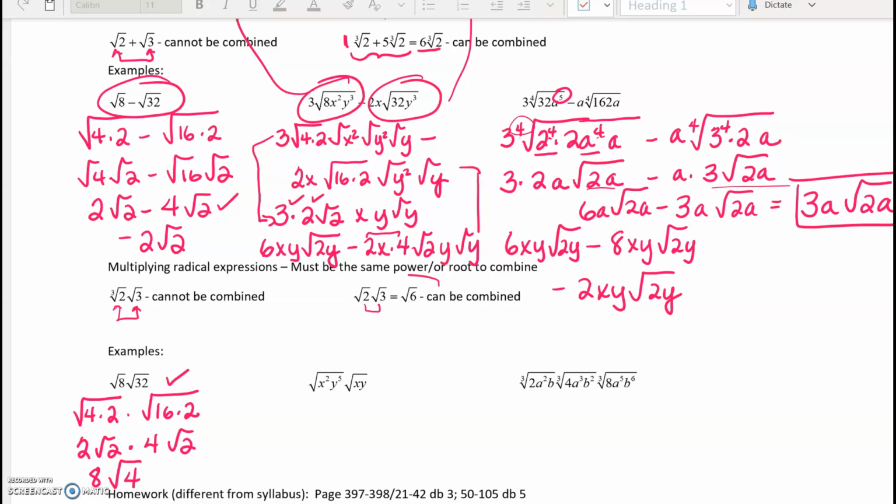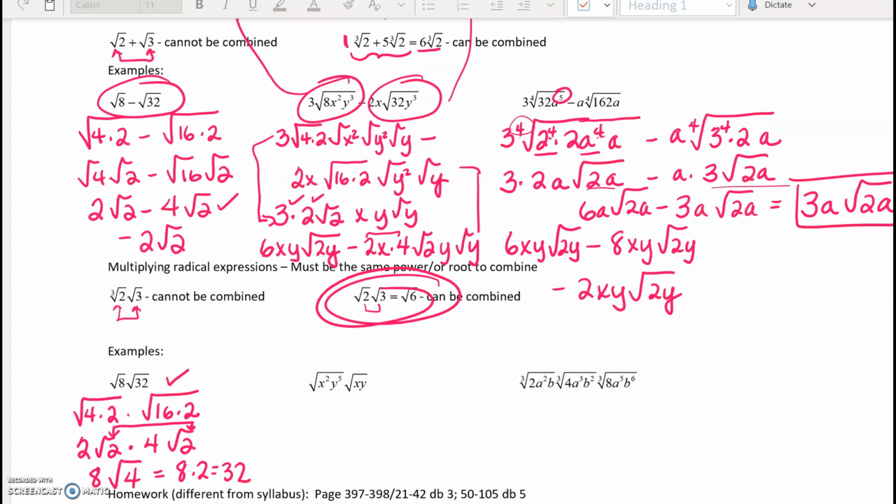So I have 8 times root 4. So here's where I'm using that property that the square root of 2 times the square root of 3 is the square root of 6. But here I'm doing the square root of 2 times the square root of 2 is the square root of 4. But we all know that the square root of 4 is 2, so 8 times 2 is 16.